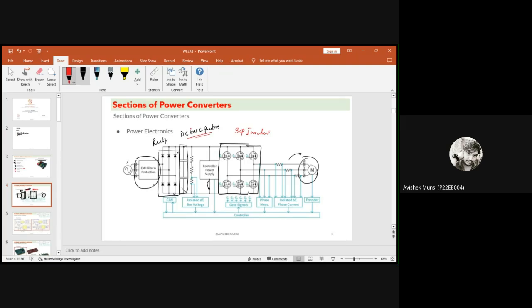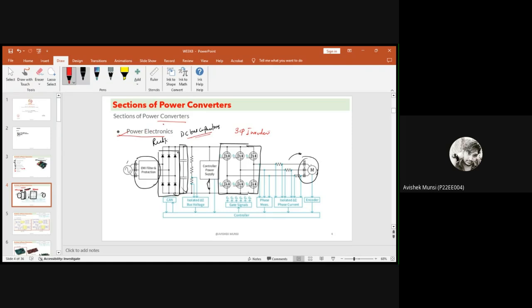So this is basically the power electronics in the power converter. Definitely a power converter can't be possible without power electronics. We already discussed many things in the first and second lectures about power converters, the DC-DC power converters, the buck converter, the boost converter, and the buck-boost converter. We solved how to design them, and we discussed the H-bridge. So this is a part of a power converter. You definitely need power electronics. Without power electronics, you can't develop a power converter.